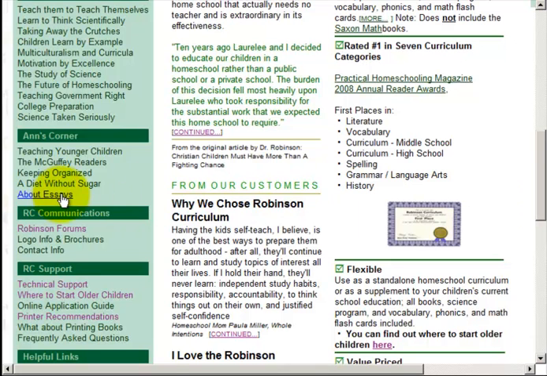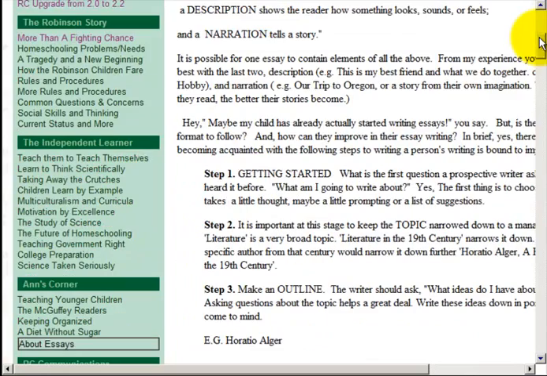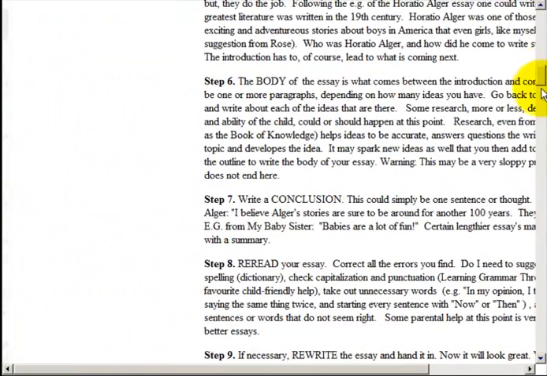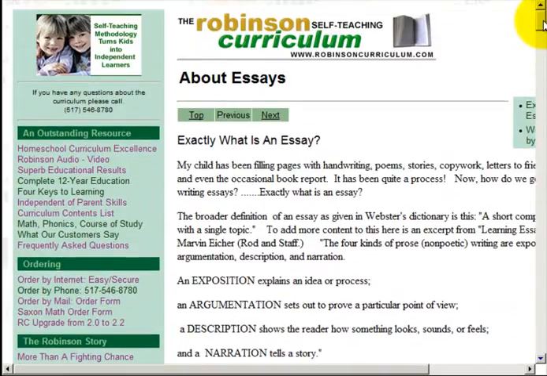We have Anne's Corner about essays, and here you'll see that we've got some articles on how you would write an essay, what is an essay, and then further down, writing composition by R.J. Rushdoony. And so both of those are important articles when it comes to writing.